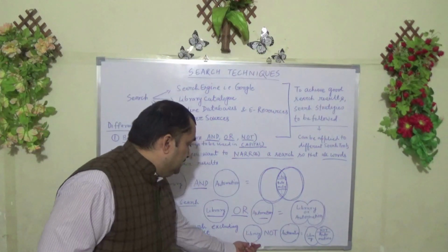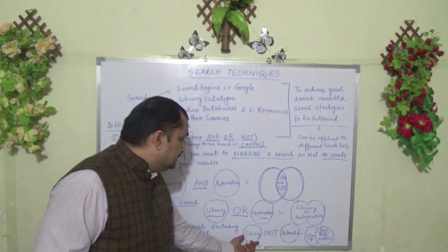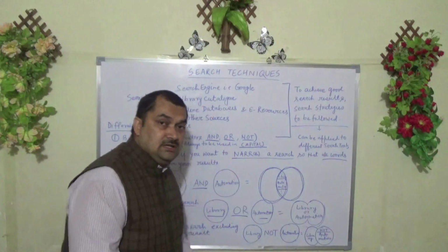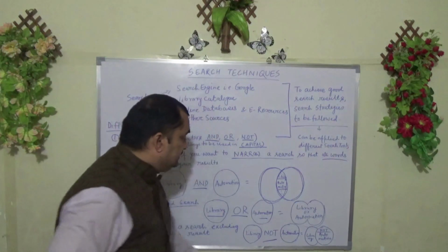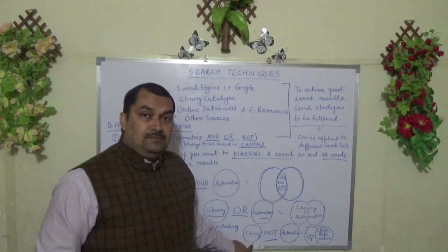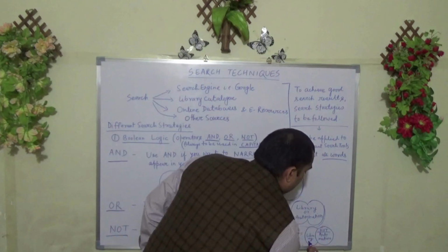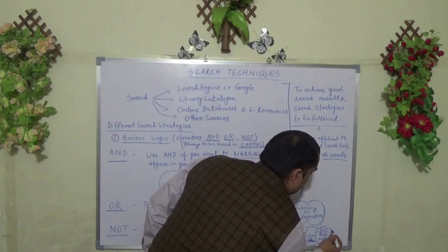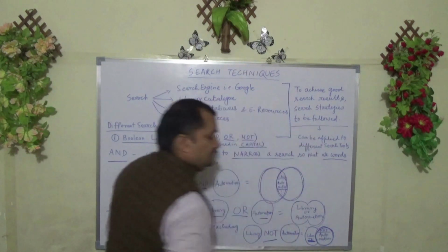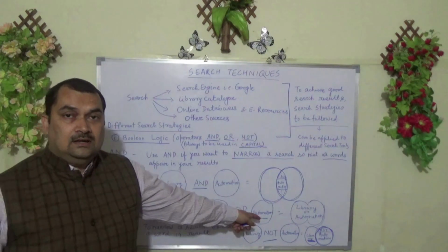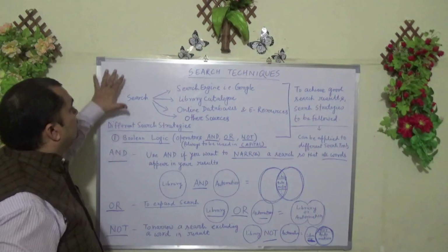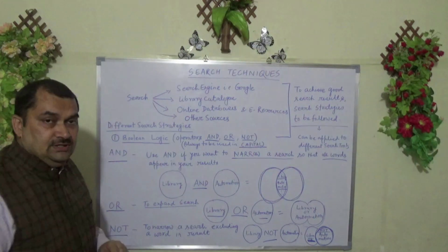So let me take one example where I am going to search library and I am instructing, using this operator, to search library, not automation. So it will go to the database and search only library, and it will exclude automation and give the result. So in this way we can use the Boolean logic.